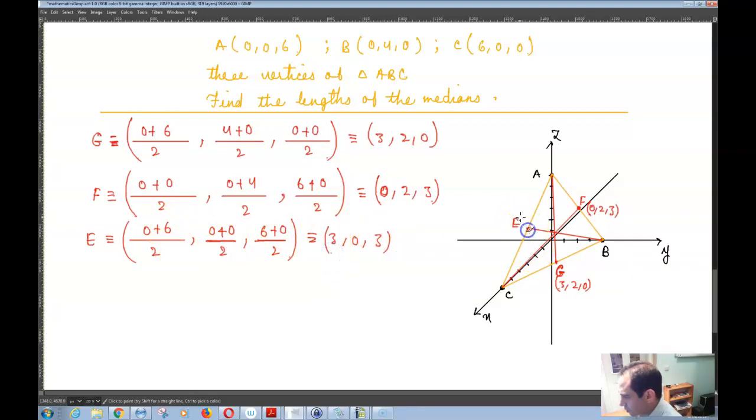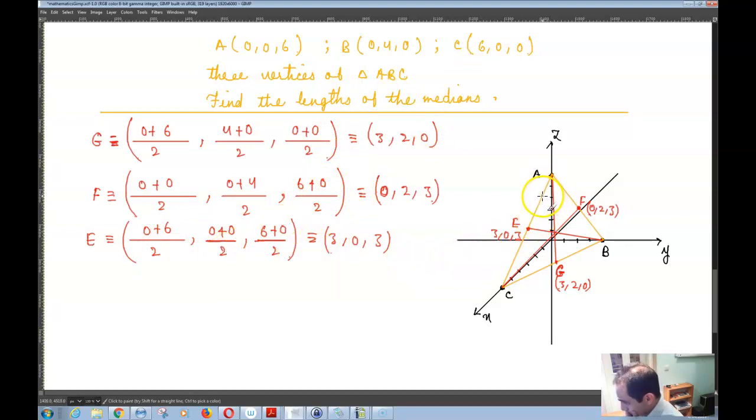This point over here is (3, 0, 3). So E is halfway between A and C, which is (3, 0, 3).